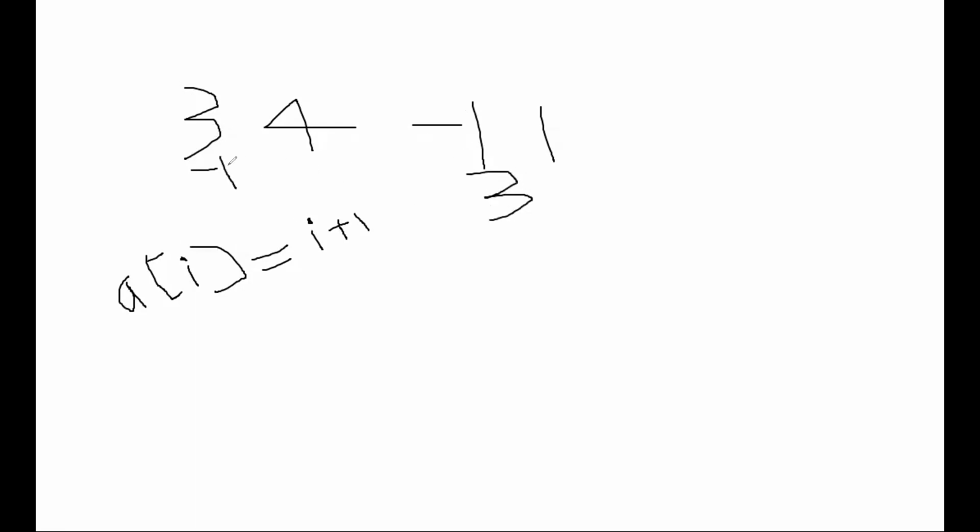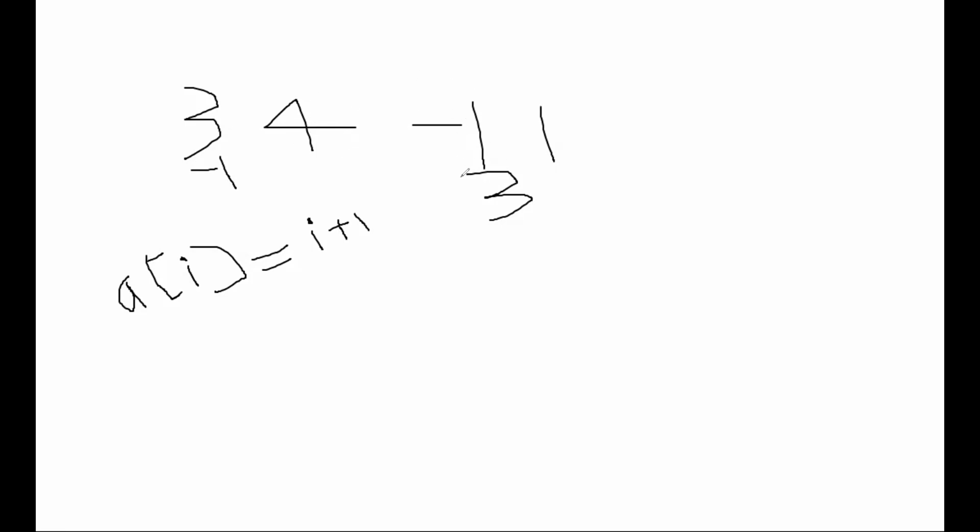Now, since this is minus 1, I will ignore the negative ones. And this is 4. Since this is less than the length, I would use this one as well.